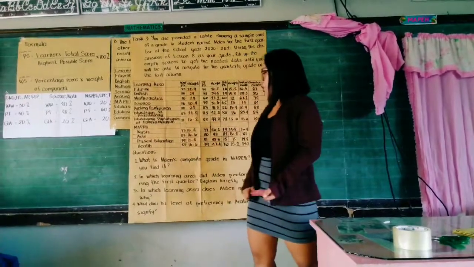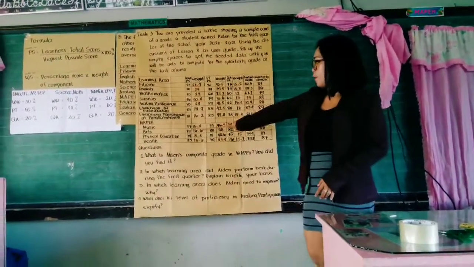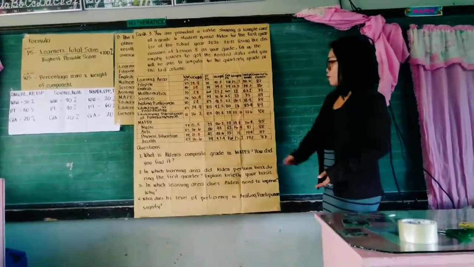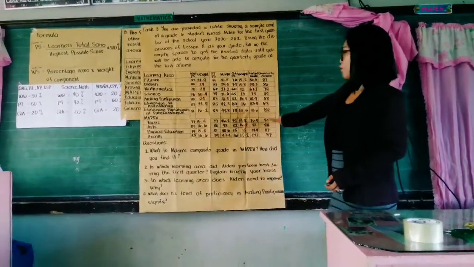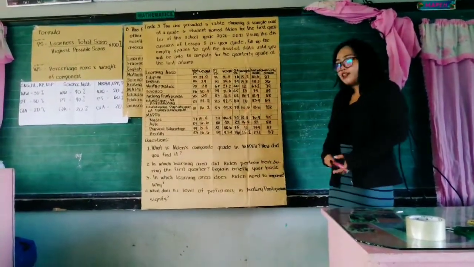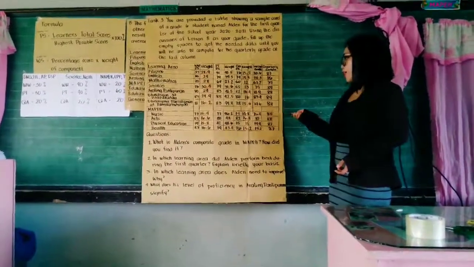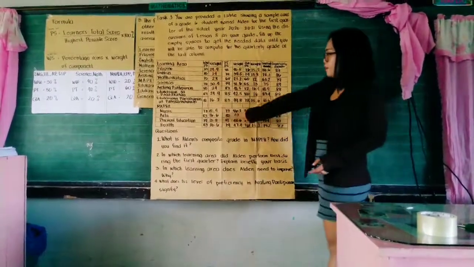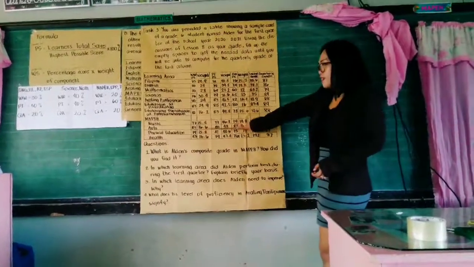So, 77 times 20% equals 15.4. 77 times 60% equals 46.2. 74 times 20% is 14.8. And the total is 76.4. And the transmuted grade for 76.4 is 85.